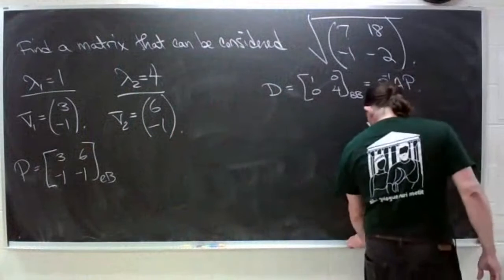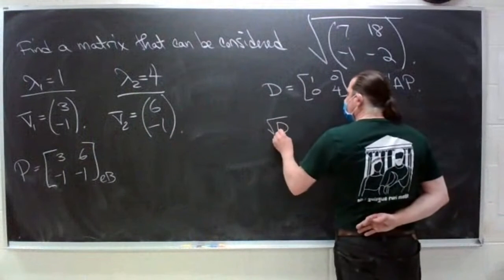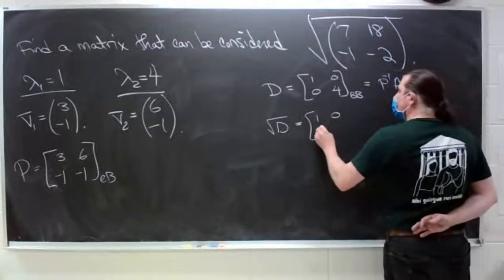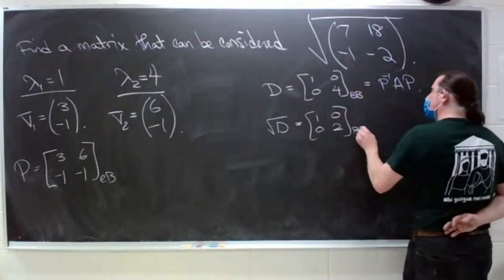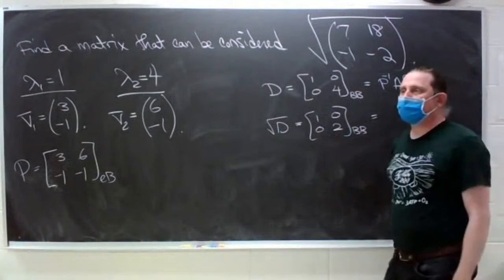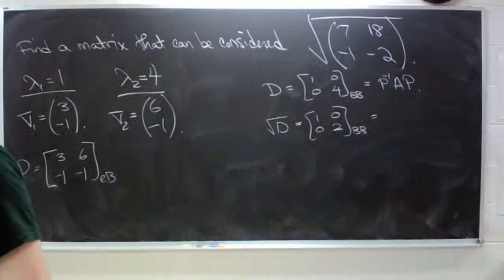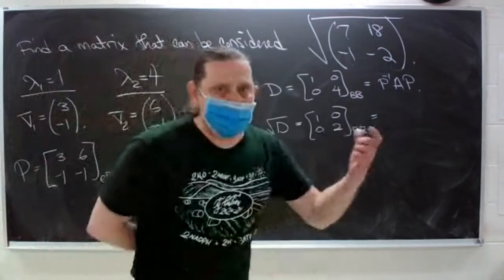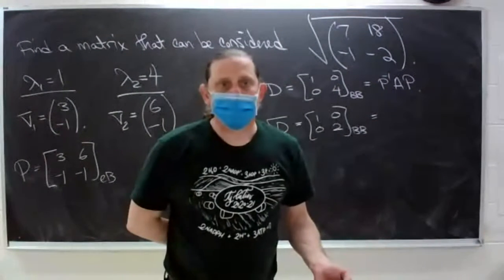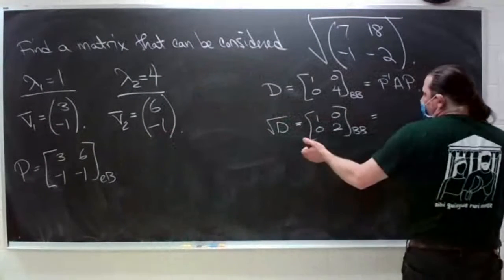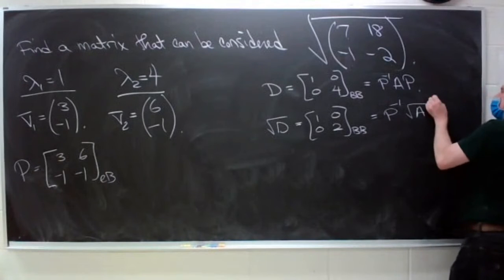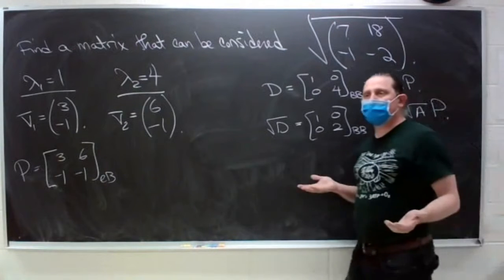So from this perspective, we can say the square root of D could be taken as that matrix in the B basis. So its analog in the E basis would just be obtained by transforming it to the E basis.